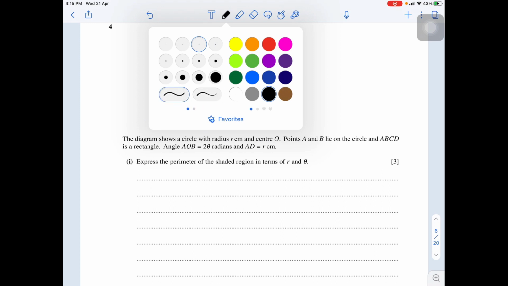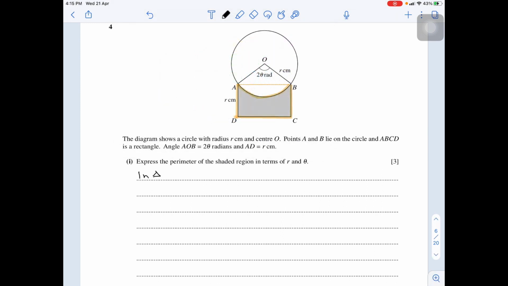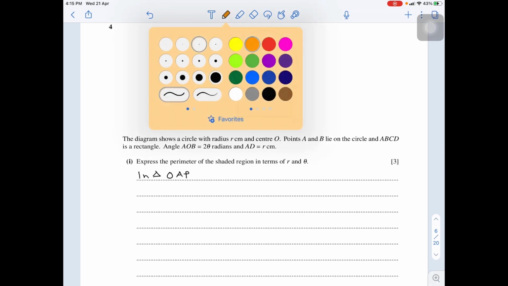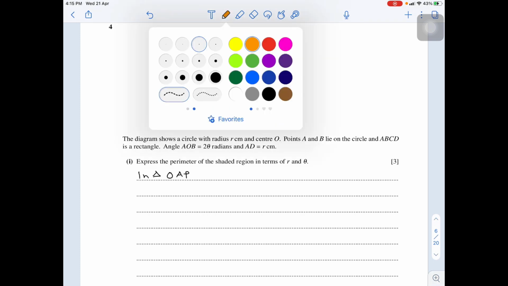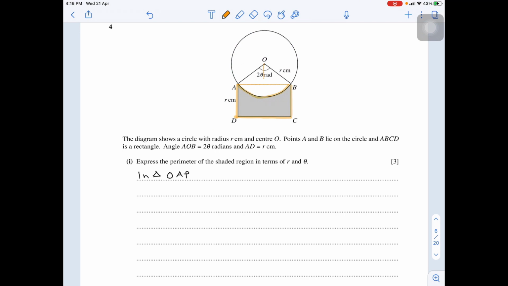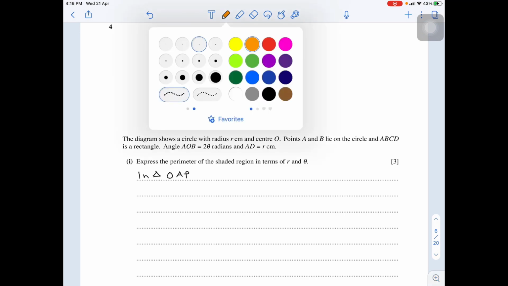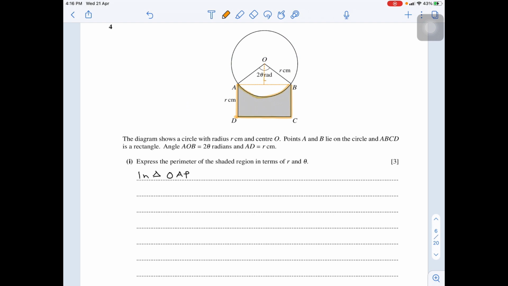So let's try this. In triangle OAP, right? I'm saying that, let me divide that into, that's P. Triangle AOP.